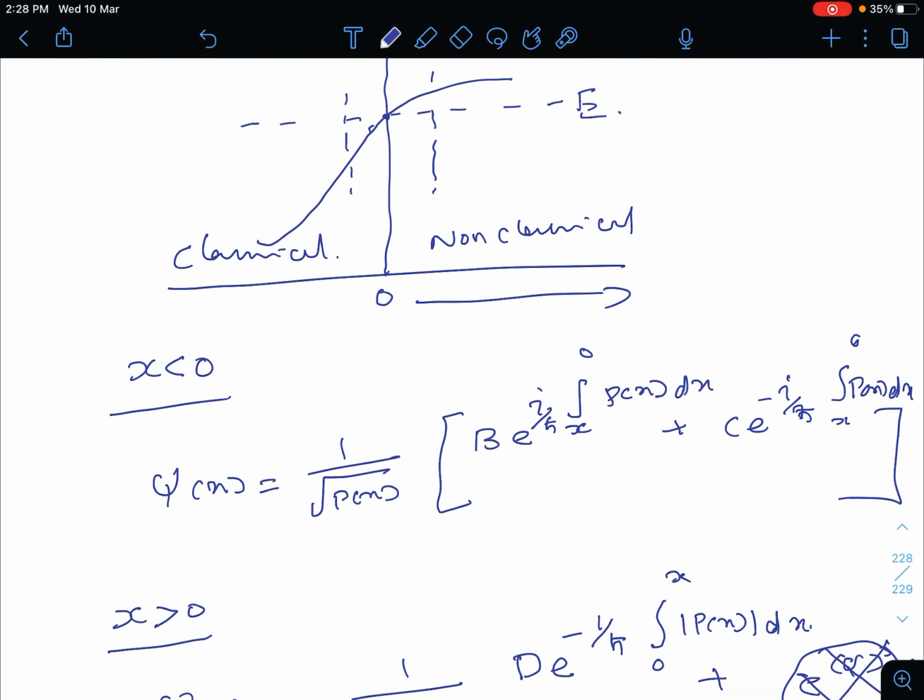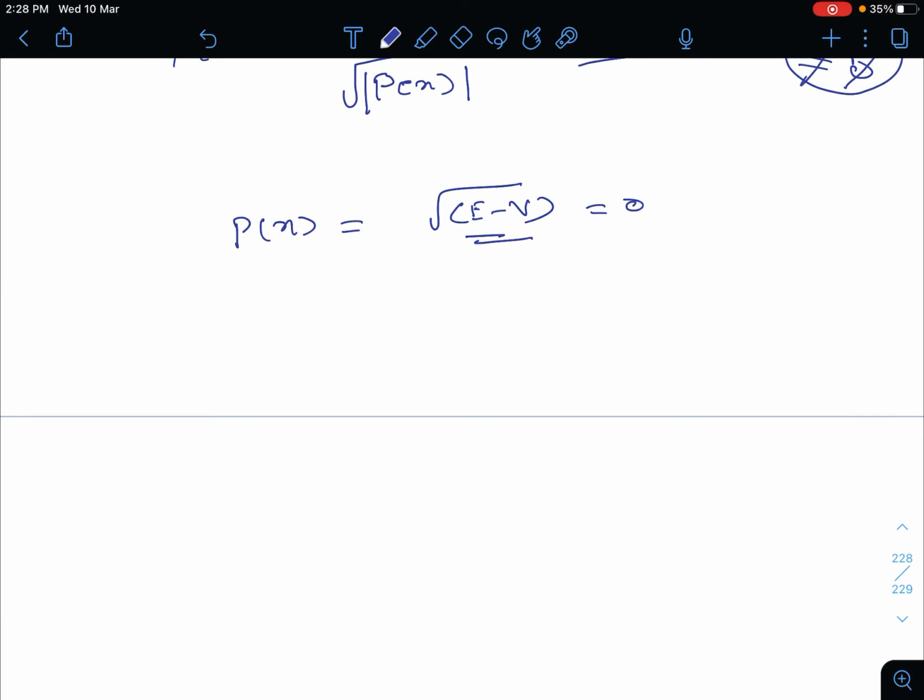Let's consider a very small portion, where we may assume the change in this potential is small. So I can assume that V of x in the approximity of the origin can be written as E plus some V dash of 0 times x.